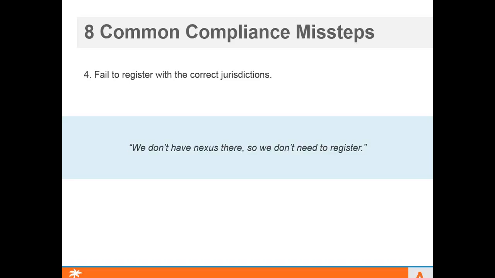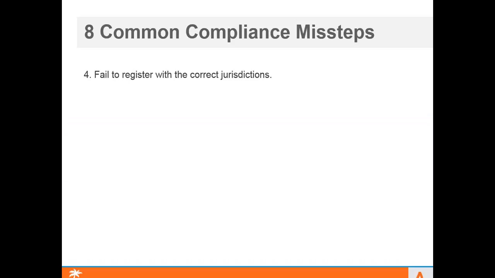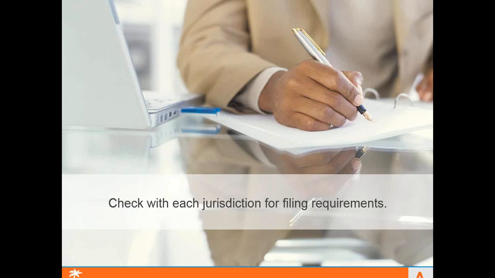With the way states are looking for money, and with technology such as the internet changing the way states look at Nexus, you really need to be careful in understanding how those requirements may change.